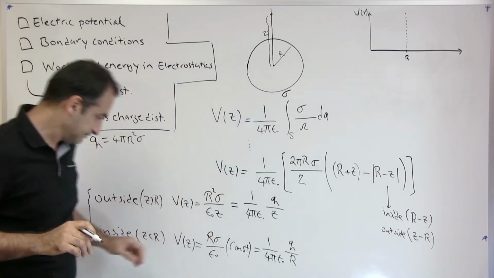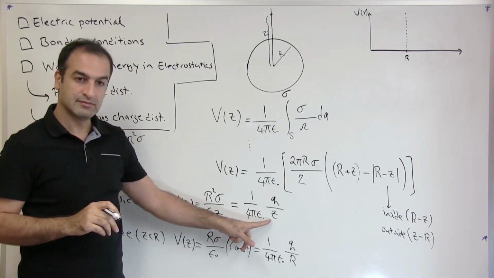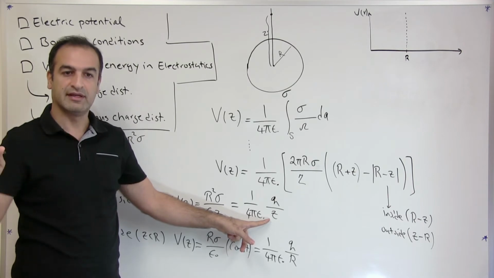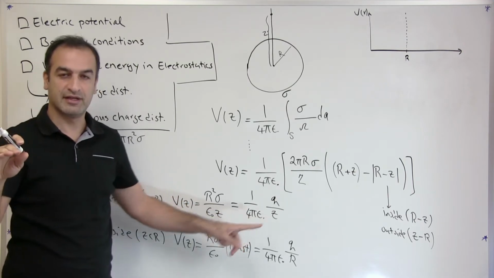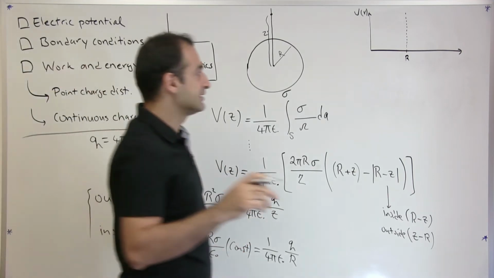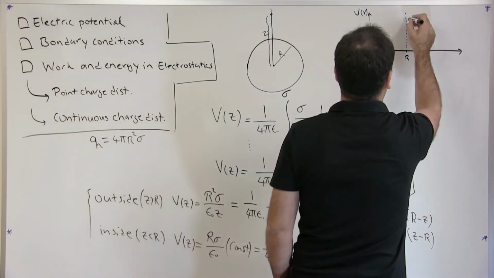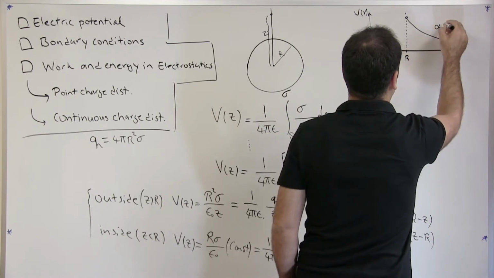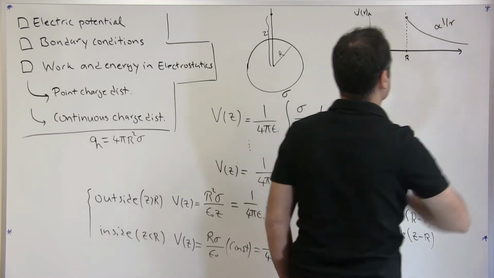Is it exponential decay outside the sphere? It's decreasing, right? It's decreasing as a function of distance. So here we have a decreasing function, which should be proportional to 1 over r.